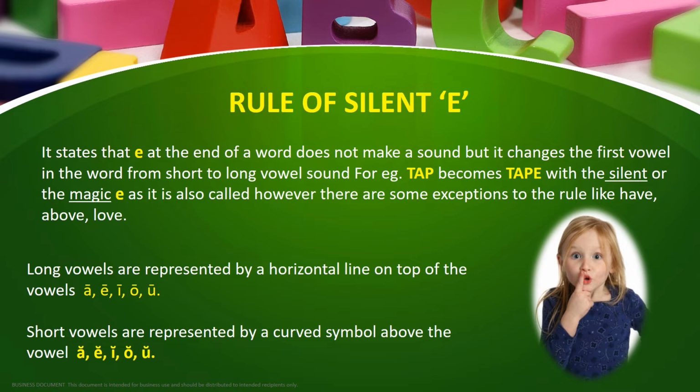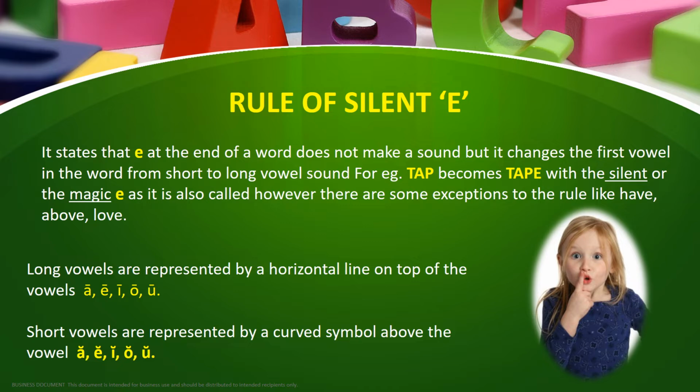So when you see a horizontal line on top of a vowel, it means that vowel gives the sound of a long vowel or gives its own sound. So A with a horizontal line on its top will give the sound of A, like in the word cape. So if cape is written somewhere, A there will have a horizontal line on top of it, telling us that it's a long vowel.